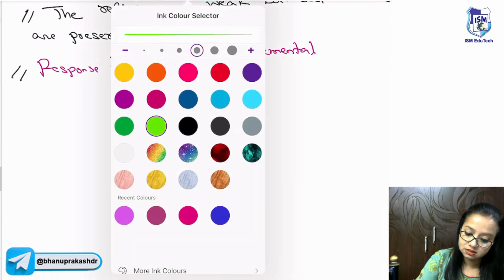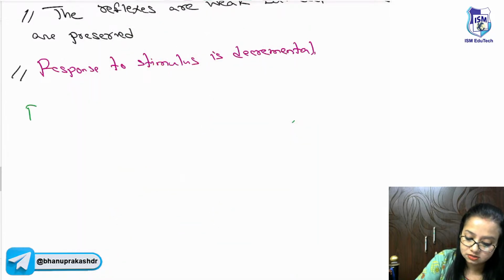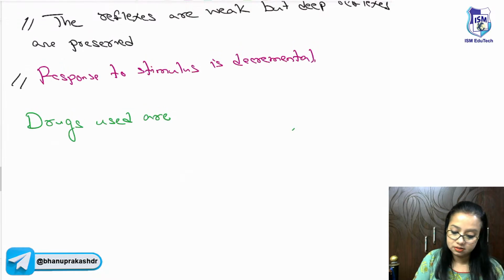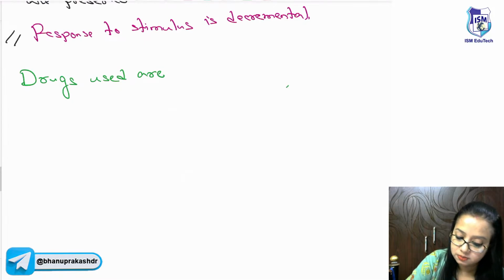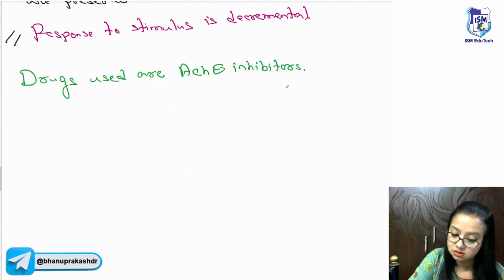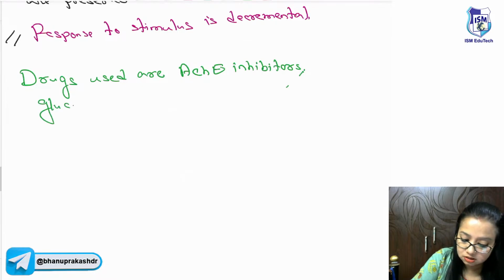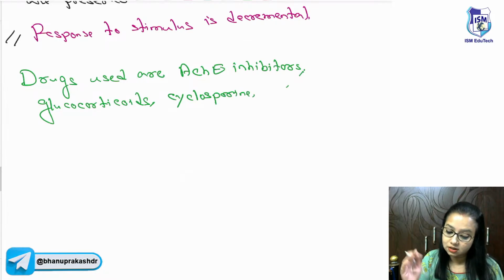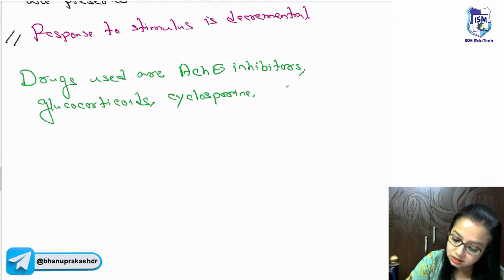Now, what are the drugs used? Drugs used are acetylcholine esterase inhibitors. Okay, glucocorticoids, cyclosporine, then rituximab.